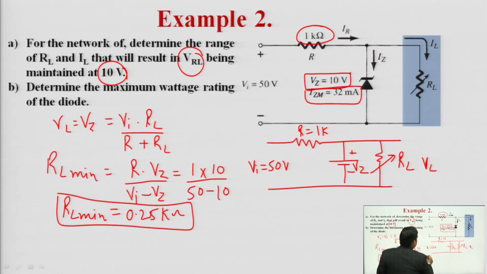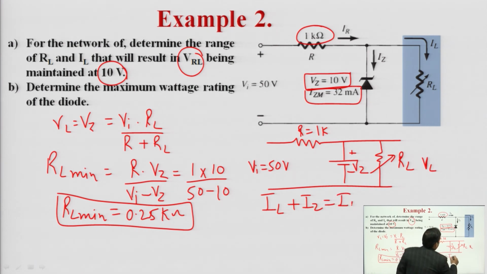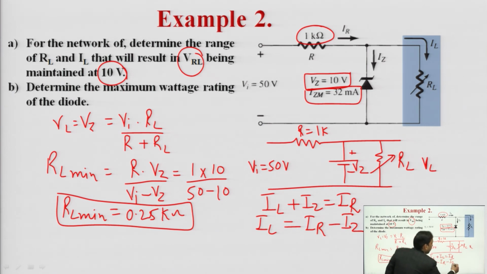Now we have to calculate the maximum value of load resistance RL. For that I have IL plus IZ equals IR, or IL equals IR minus IZ. If we utilize the maximum value of Zener current, then we will have the minimum value of load current, and we can calculate IR also.